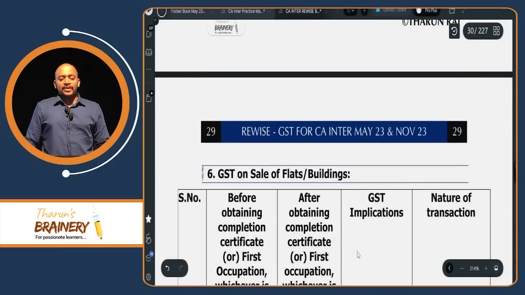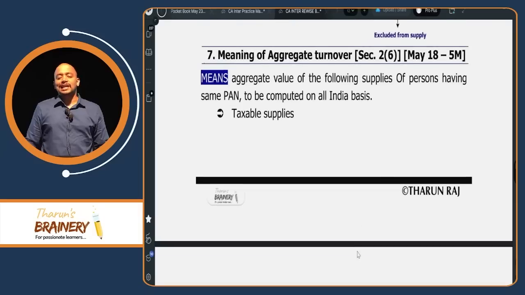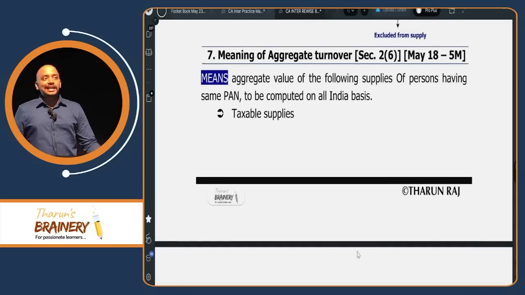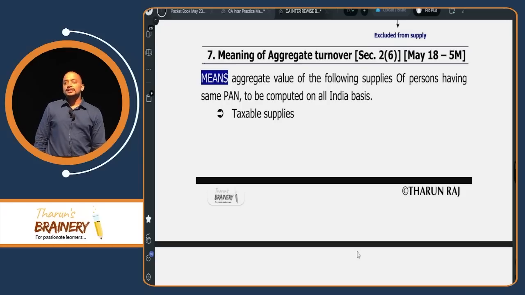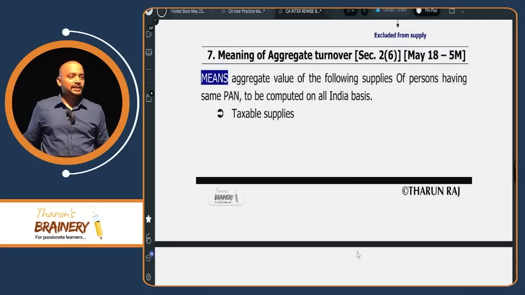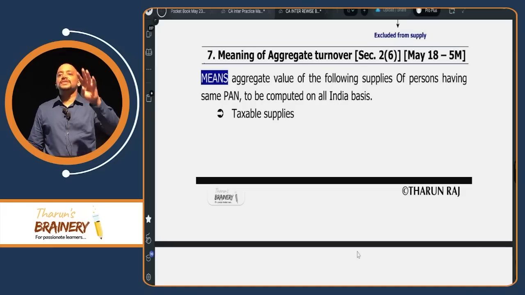Now we have meaning of aggregate turnover. This aggregate turnover is important because in some attempts they have given questions on aggregate turnover. So what is the meaning of aggregate turnover? Just now we saw 4 supplies. All those 4 supplies will come in aggregate turnover. So what are they?